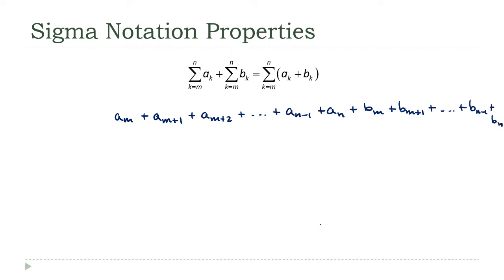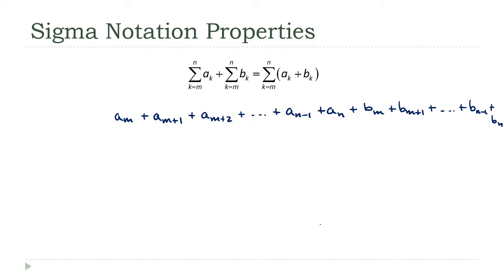Now I'm going to rearrange things. Addition is commutative, right? I could rearrange these terms in any order that I like. Well, I'm going to rearrange them so that the two m terms are together, the two m plus 1 terms together, and so on all the way out to the end.